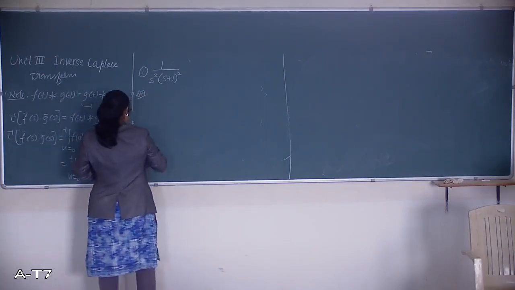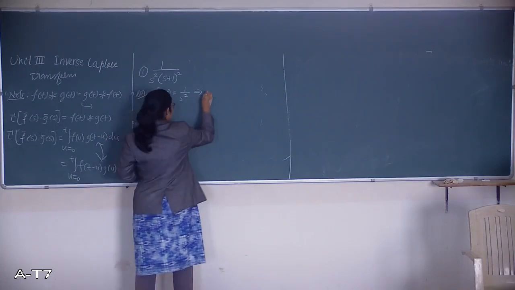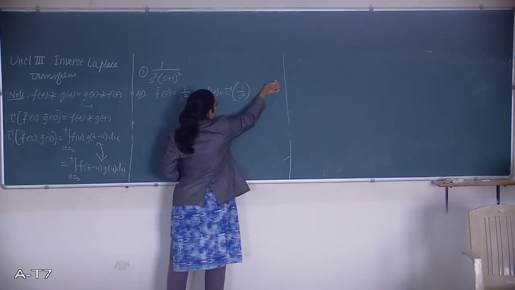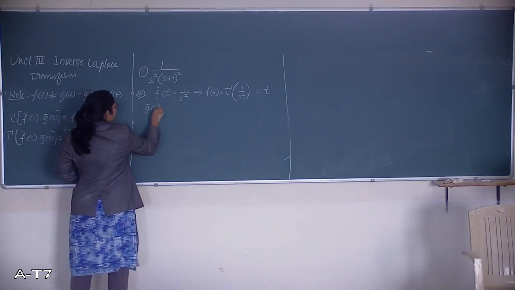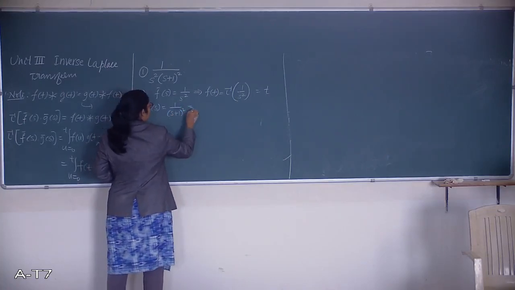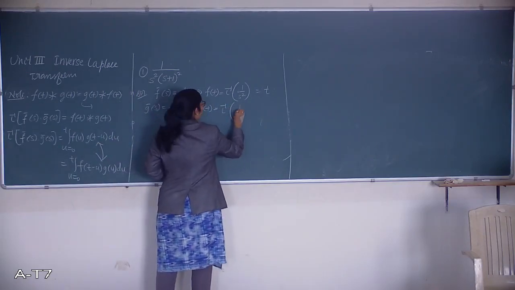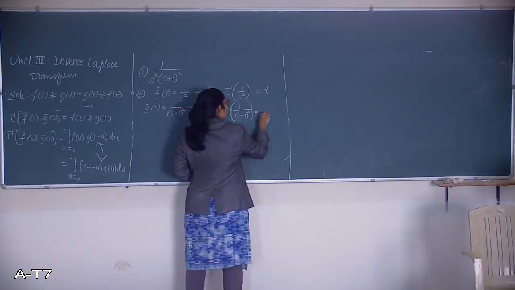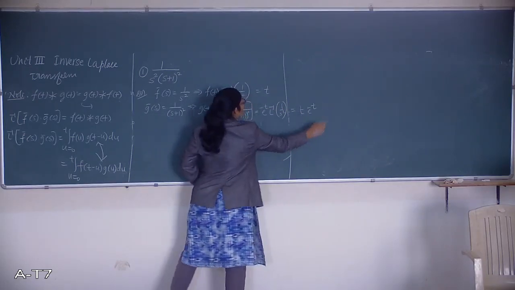I will take f bar of s as 1 by s square, so f of t is nothing but L inverse of 1 by s square, and what is that? t. Second one, g bar of s is 1 divided by s plus 1 bracket square, so g of t is L inverse of this, which is t e power minus t.